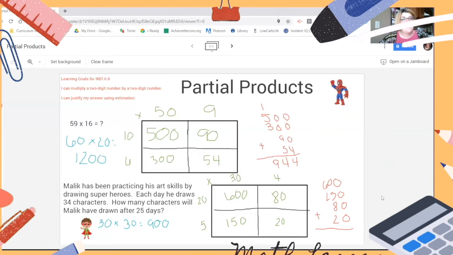All right, I'm going to add my ones column, and I have 0 ones all the way down. So I'm going to go ahead and leave my 0 here. The tens column, I have a 0 plus a 5 plus an 8 and a 2.